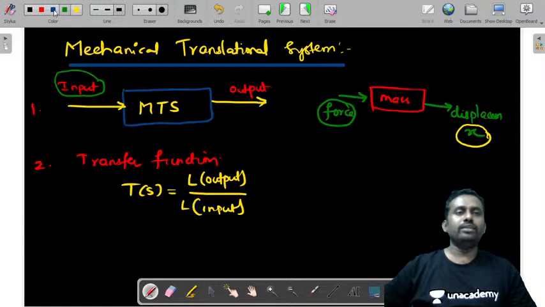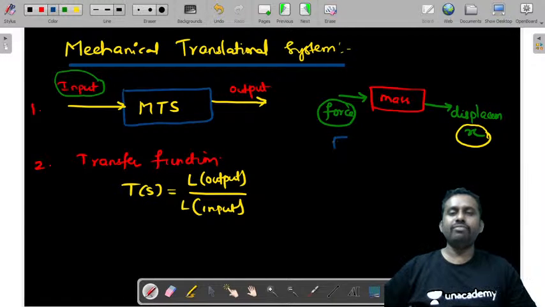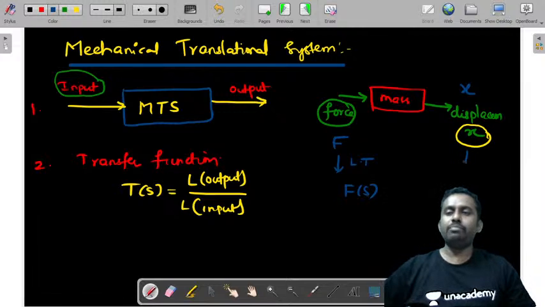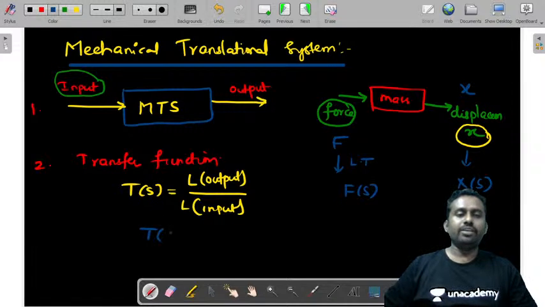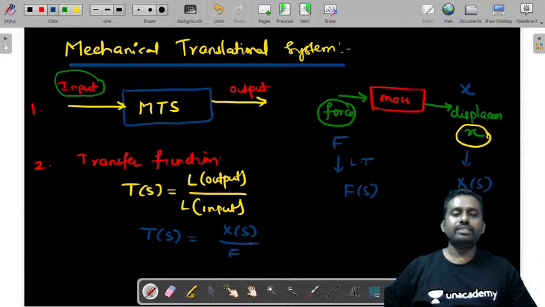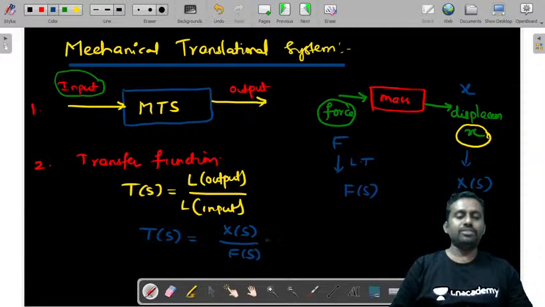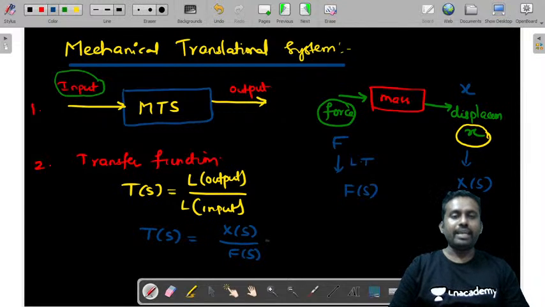Let us denote this force by F and displacement by X. The Laplace transforms are F of s and X of s. So the transfer function T of s is equal to X of s by F of s. This is the transfer function corresponding to a mechanical translational system.